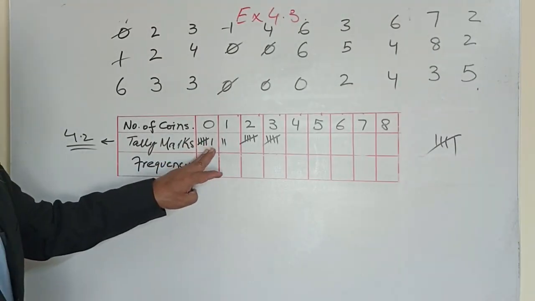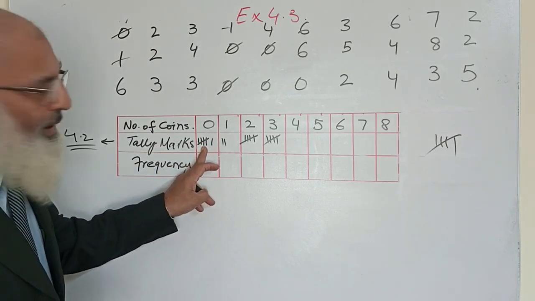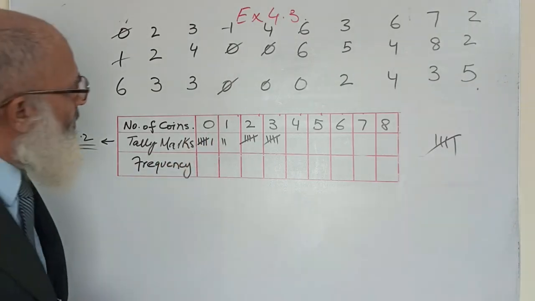So you see how the bundles are being formed. These are called tally marks. You'll cross 4 with the 5th one.